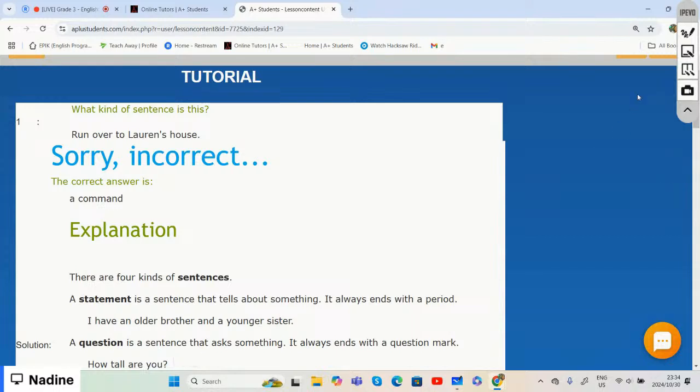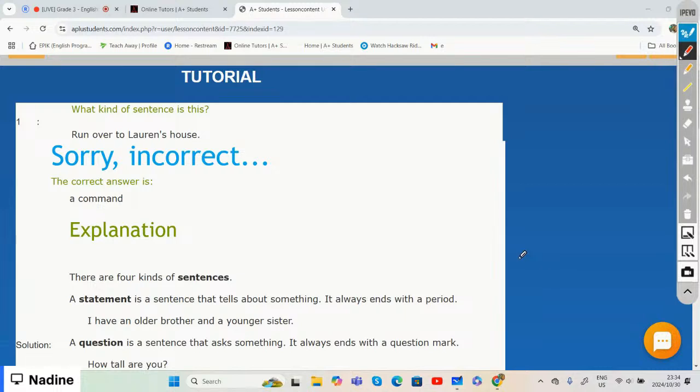So we can say this is a command. Yes, well done.